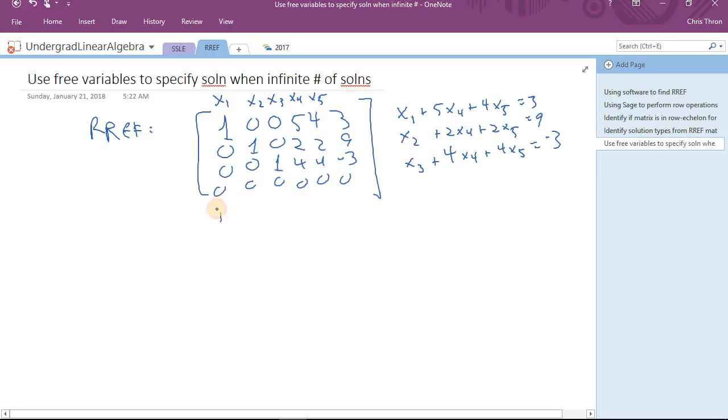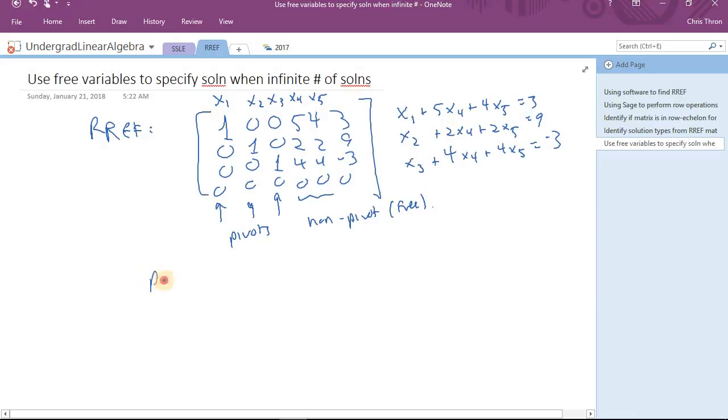So here we can say this is pivot, pivot, pivot. And then these are non-pivots or free. Now what you want to do when you have something like this is move the free variables to the right-hand side.